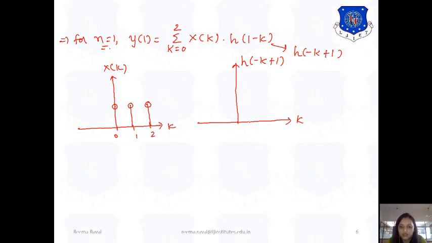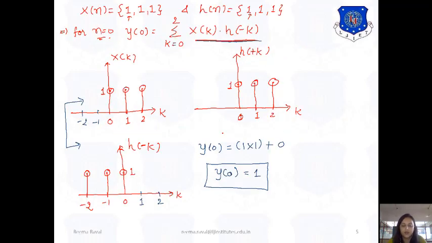In the previous h of minus k, the values were at the instants minus 2, minus 1, 0. Now by shifting it right by 1 instant, minus 2 will come to minus 1, minus 1 will go to 0, and 0 will go to the next one. So in h of minus k plus 1 we will get the values at the instants minus 1, 0 and 1. Okay.